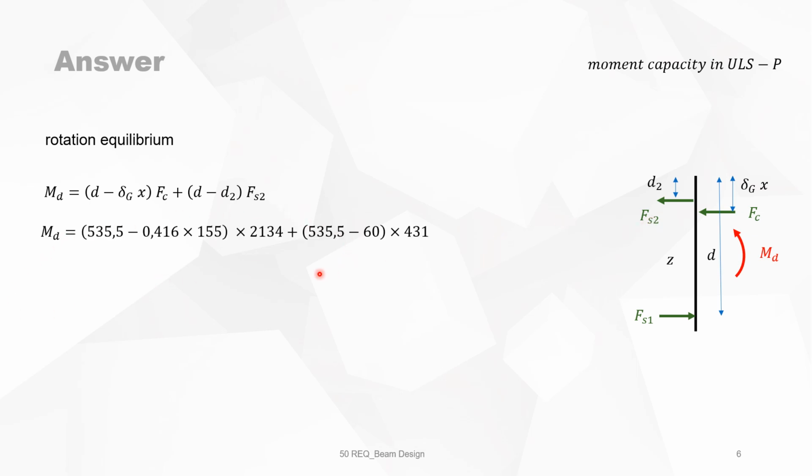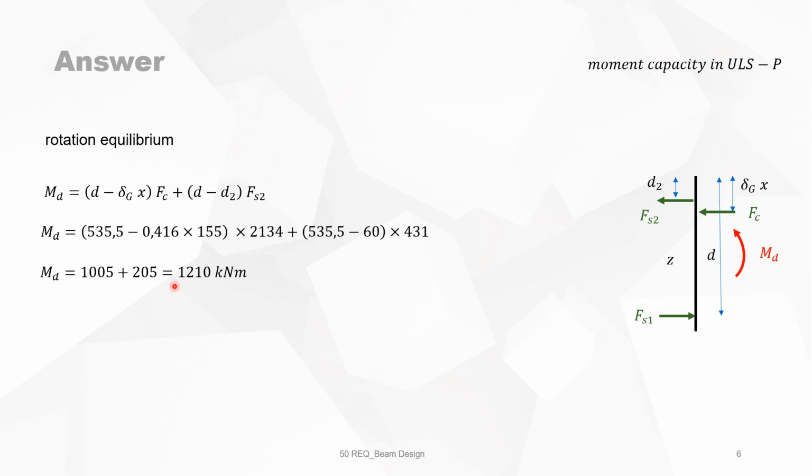We can complete with the different values, and we have 1210 kilonewton meter. Now, just a remark that there is a small contribution of the compressive reinforcement.